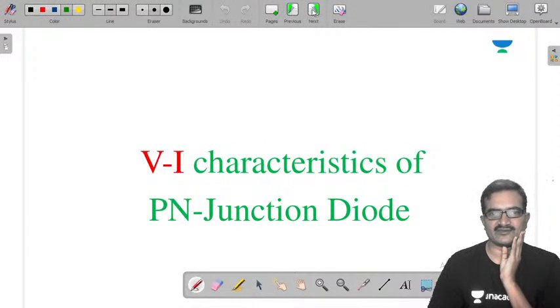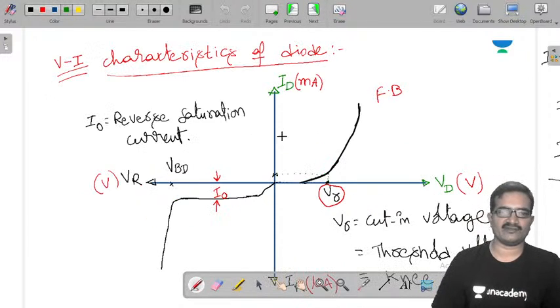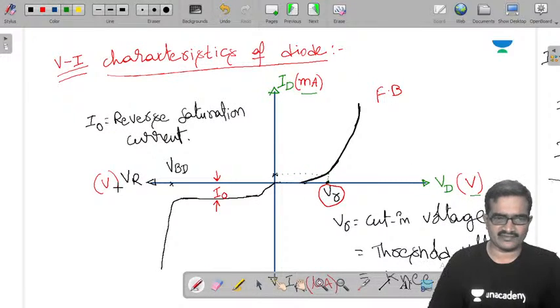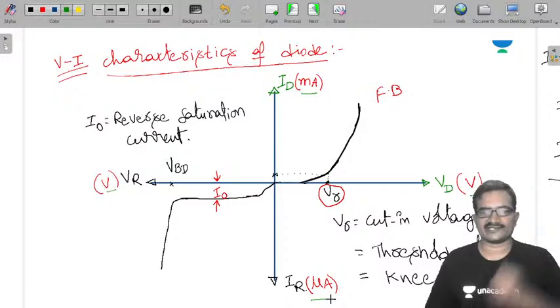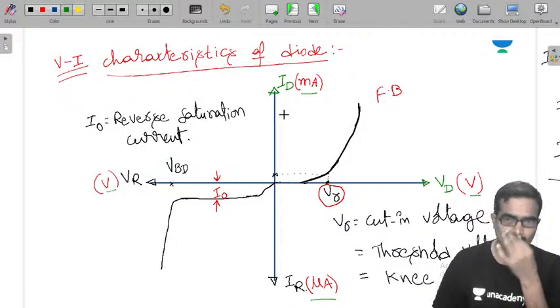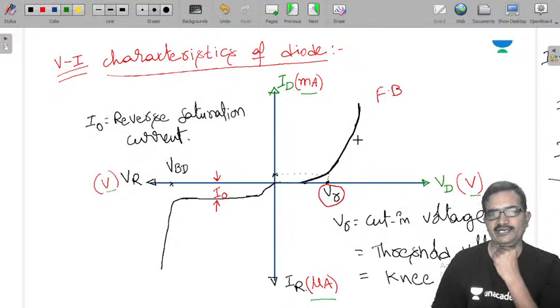VI characteristics of the PN-junction diode: we drew the VI characteristics in forward bias and reverse bias. In forward bias, current is of the order of milliamperes and voltage VD is of the order of volts, and in reverse bias voltage is of the order of volts and current is of the order of microamperes. In forward bias there is one important parameter we define, that is V gamma, the cut-in voltage.